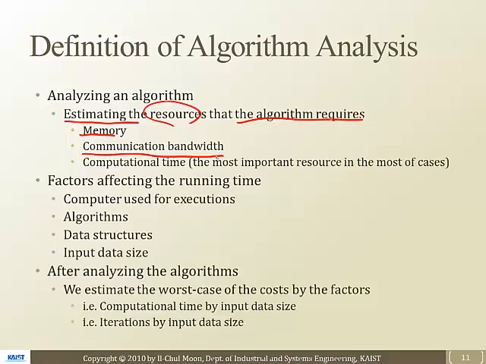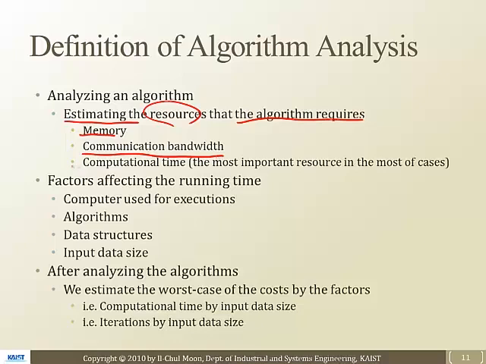There were many commercials on TV that KT acquired this bandwidth and SK acquired that bandwidth and so forth. And the consumption of bandwidth is often measured as an efficiency of the algorithm.